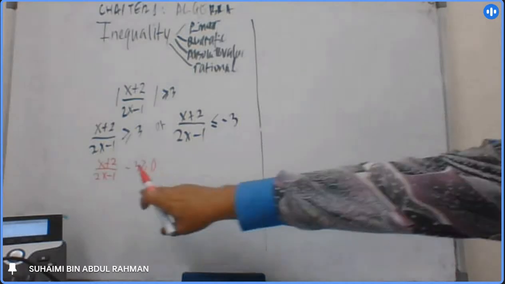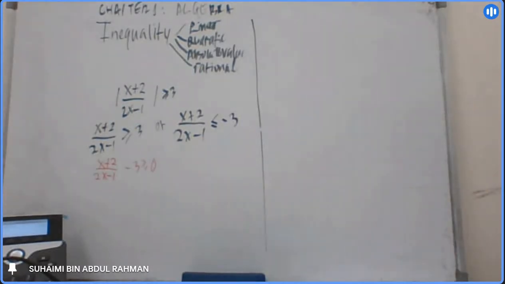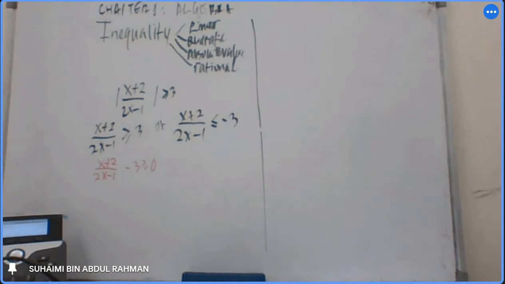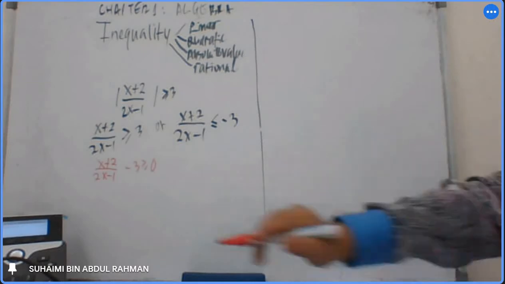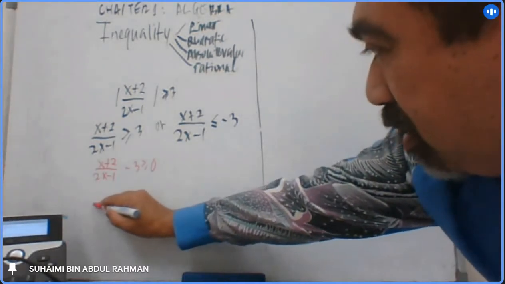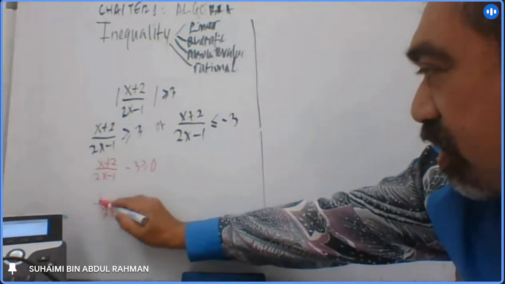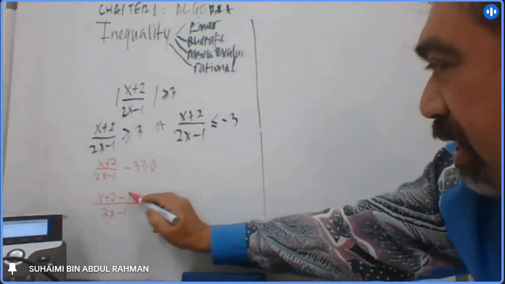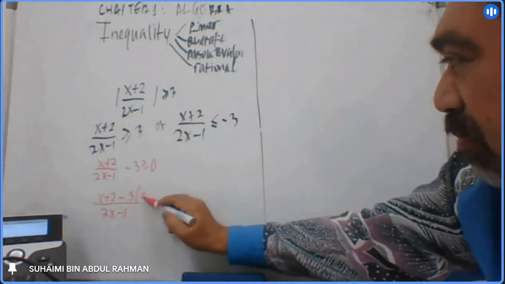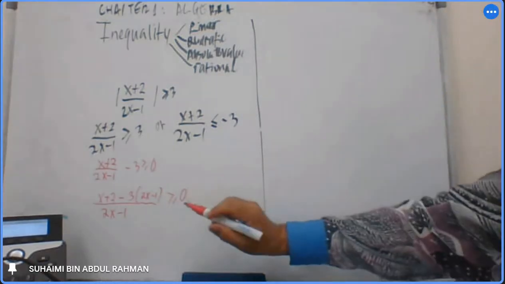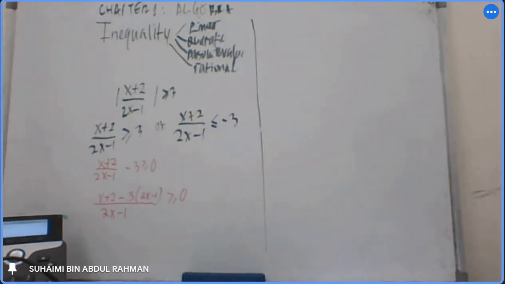Now, we can only perform the operation by making the denominator 2x minus 1 for both. So x plus 2 remains, minus 3 multiplied by 2x minus 1, greater than or equal to 0. This is our left hand side.